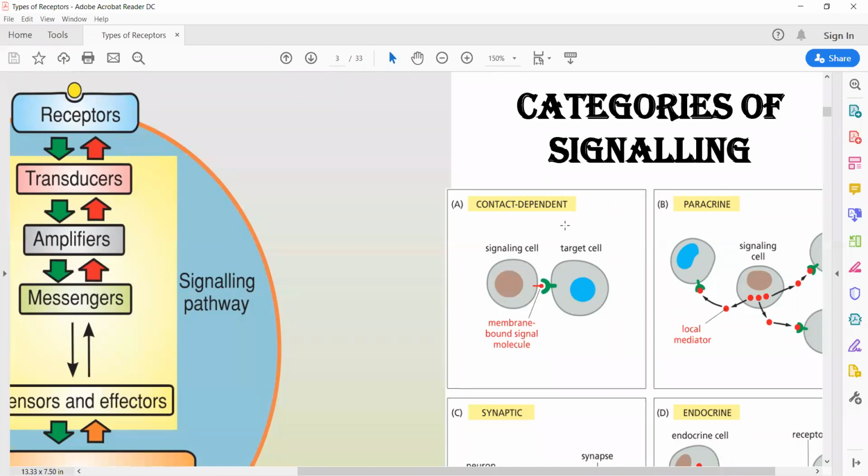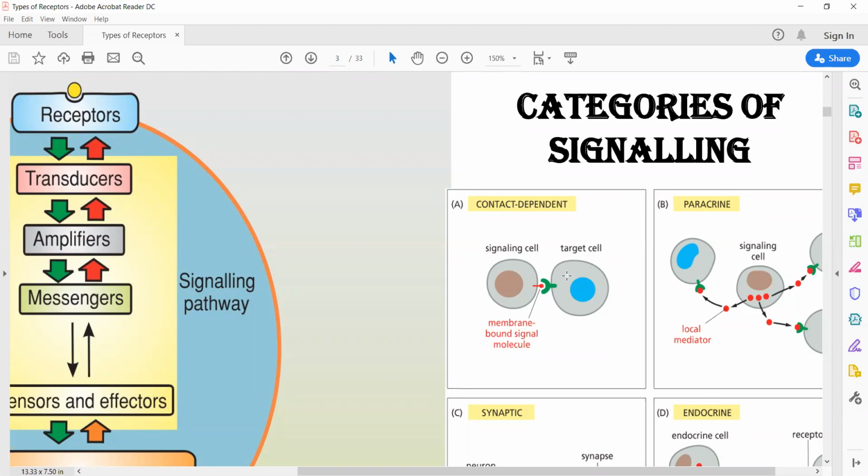The stimuli remains attached to the cell membrane, and the cell moves towards the membrane carrying the receptor, and the ligand binds with the receptor, and the target cell is activated. You have read such an example: the activation of the FAS receptor, you have read apoptosis.